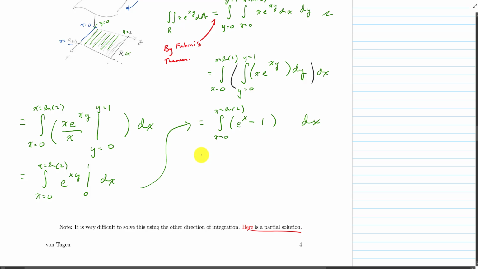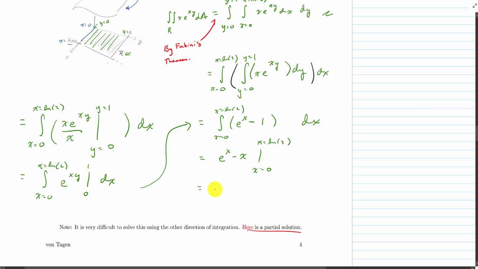So now we're ready to integrate this again, this time with respect to x. e to the x integrated with respect to x is still e to the x, and negative 1 integrated with respect to x is minus x, evaluated from x equals 0 to x equals the natural log of 2.